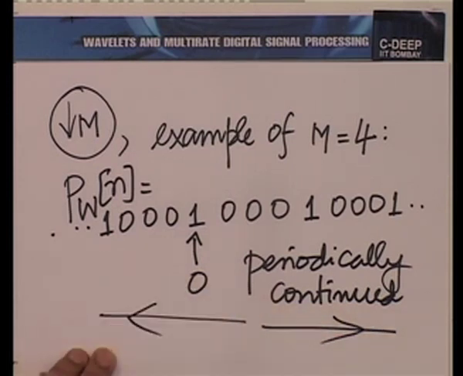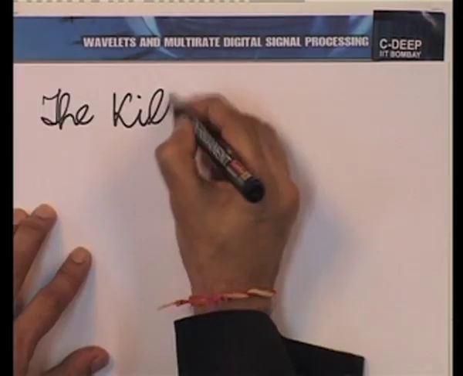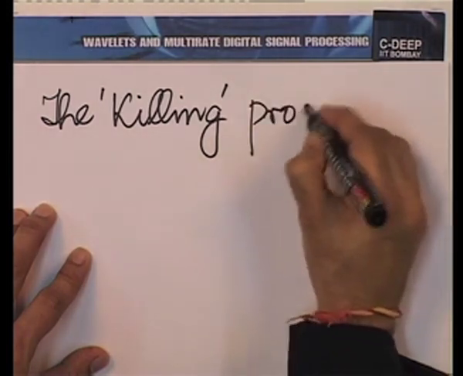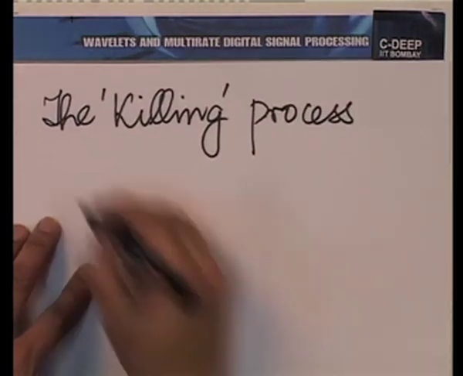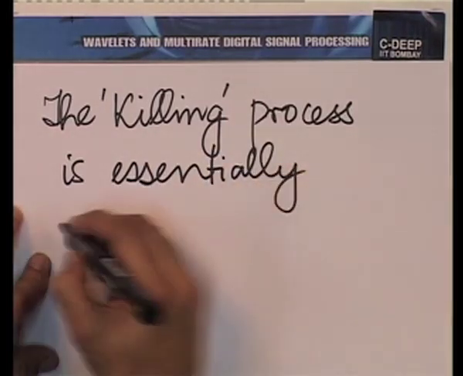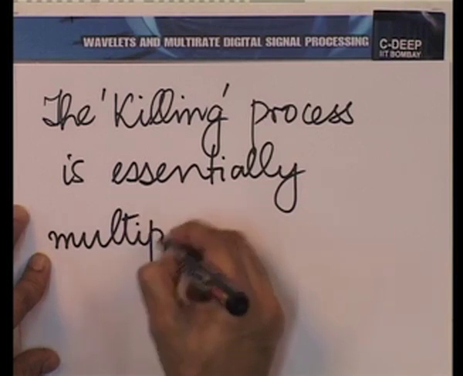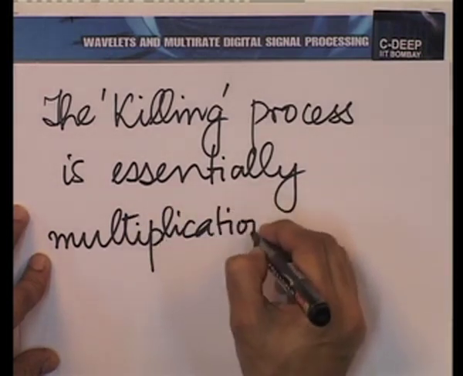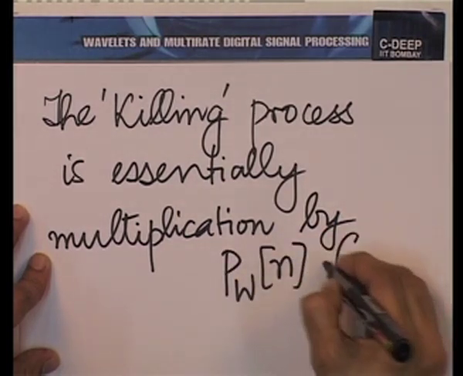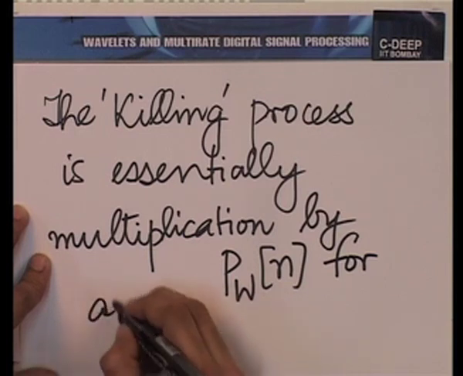So, what we are saying in effect is the killing process is essentially multiplication by PW_N for the appropriate M.